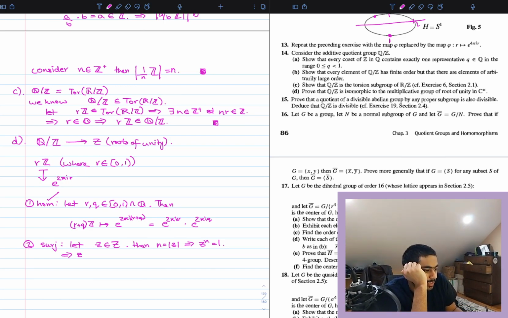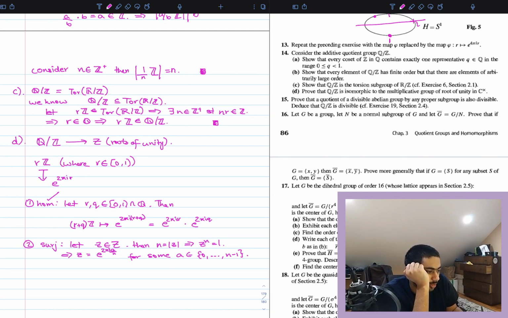This means that z is equal to e to the 2 pi i a over n for some a in 0 to n minus 1.